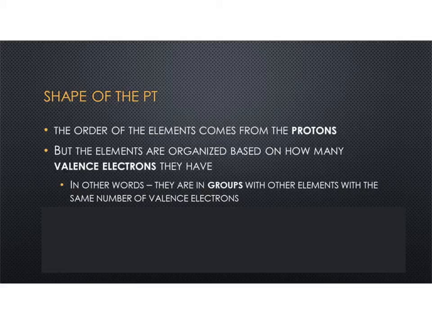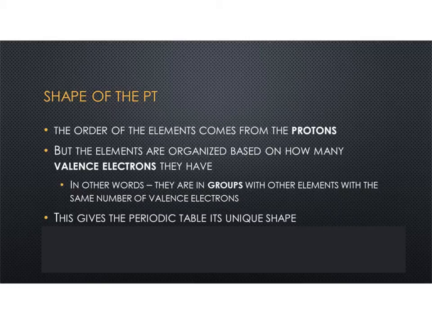Think of groups as actual families. They're in the same group with all the other elements that have the same number of valence electrons. So think about it: if the chemistry is happening because of the valence electrons, then it stands to reason that if you have the same number of valence electrons, you behave chemically the same way.